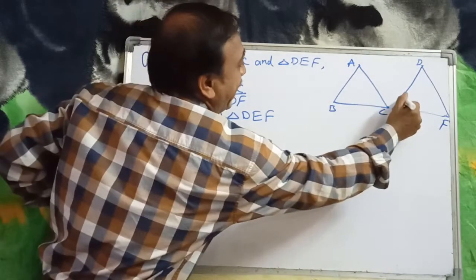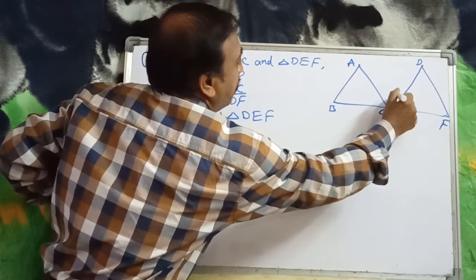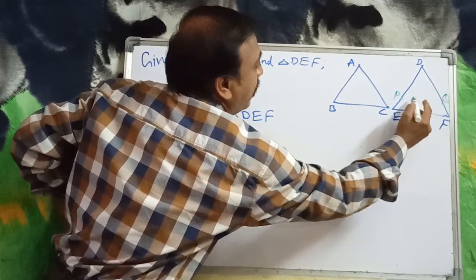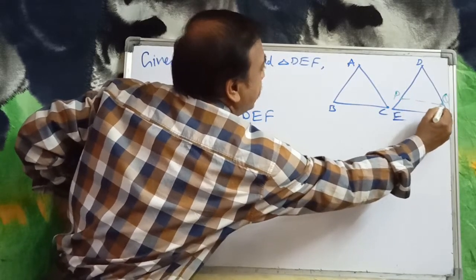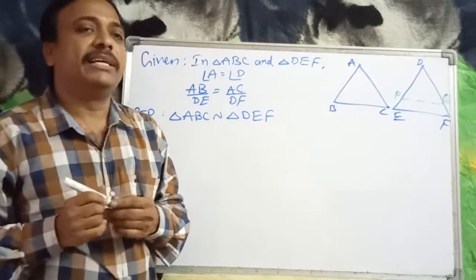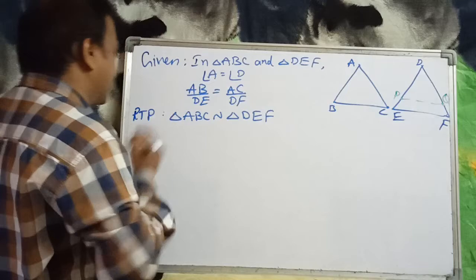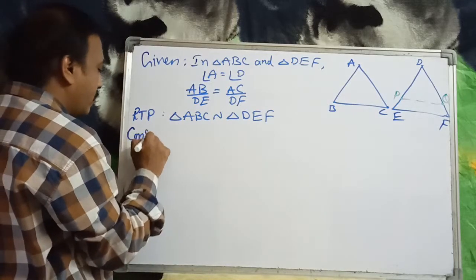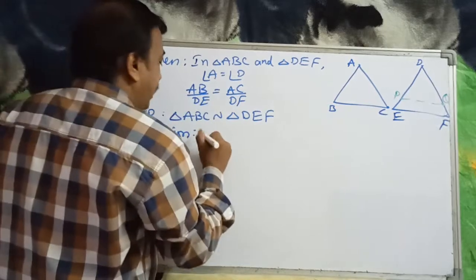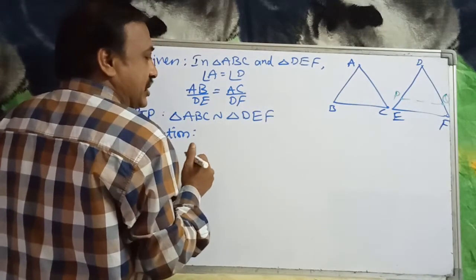Locate a point P on DE and Q on DF, such that DP is equal to AB and DQ is equal to AC. Join PQ. That is the construction.